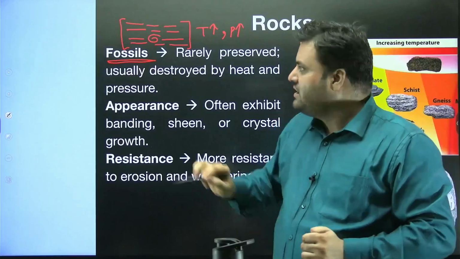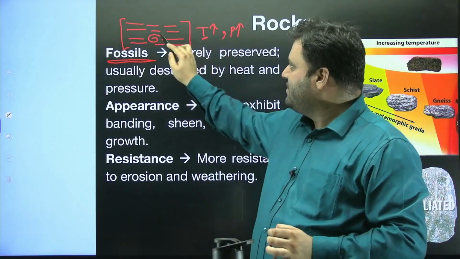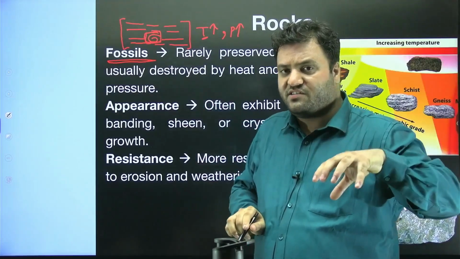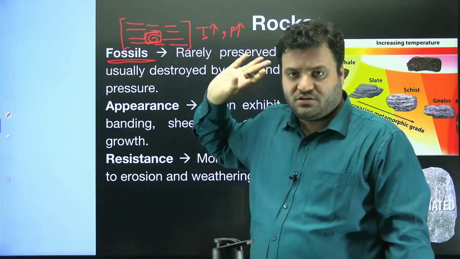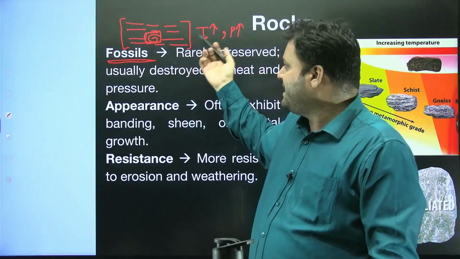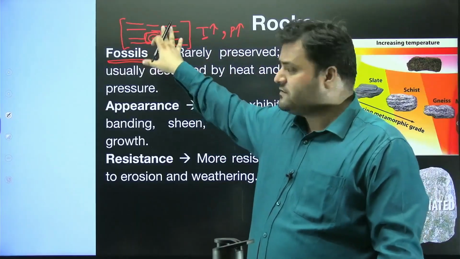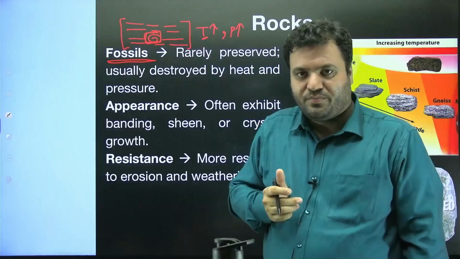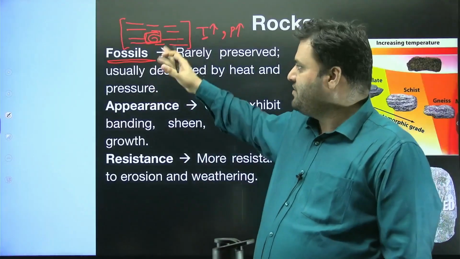What would happen? At the high temperature, this organism, or let's say this fossil trace, is going to evaporate. Because at that high temperature, this fossil or carbon material cannot sustain. So there will be vaporization.